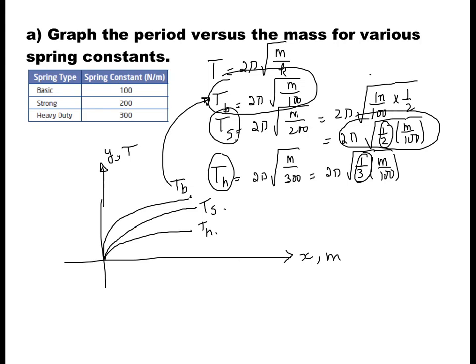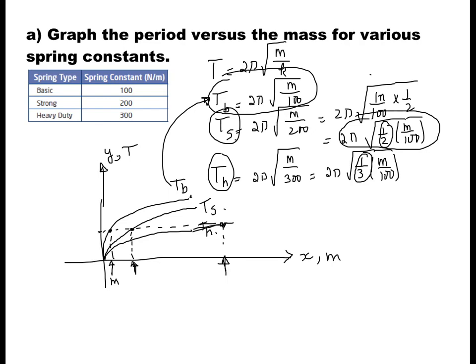Now this tells you something interesting, is that for any period, if we draw a horizontal line, you can see that if this point represents this mass for strong spring, you can see that to have that period, you can have this much mass, and for heavy duty, to have the same period, we need this mass.